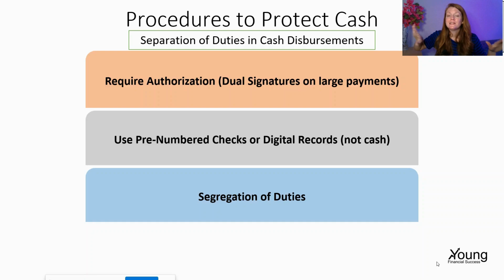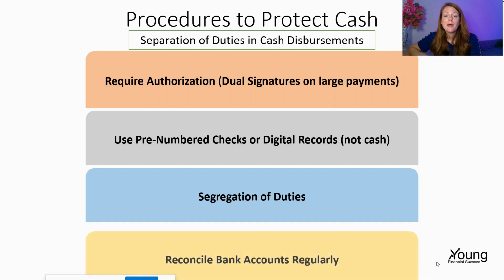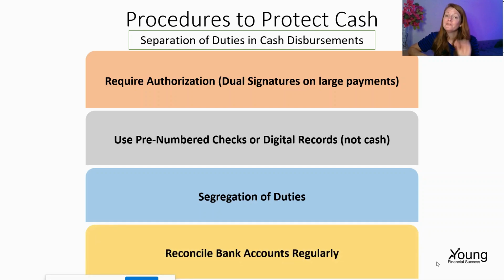So I want there to be several people that have to touch these things so that it's not all going to come back on me. And then you have to reconcile those bank accounts regularly, just like we saw in our cash receipts as well. And we did put into place in that company that at least one other person is going to start helping out before I pay all these checks.